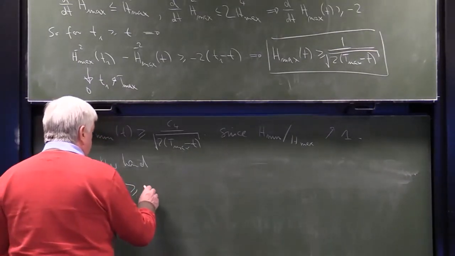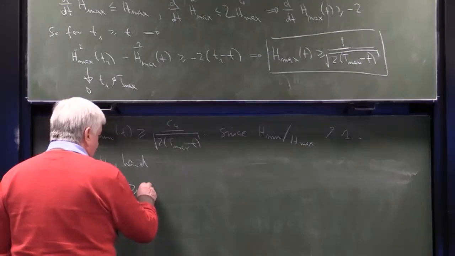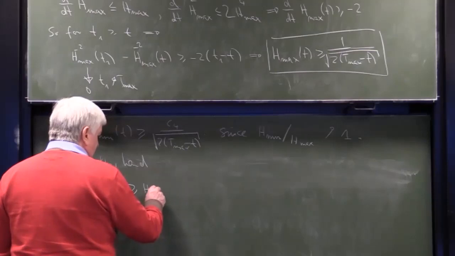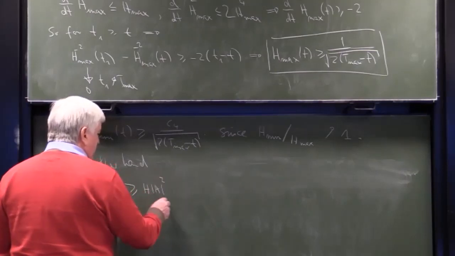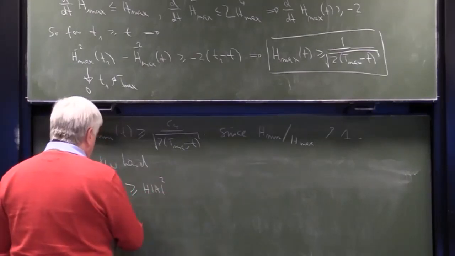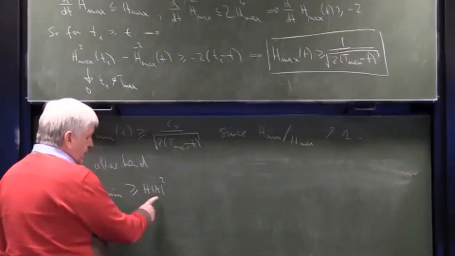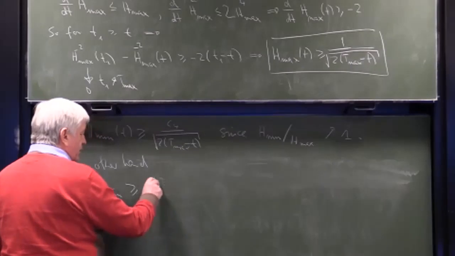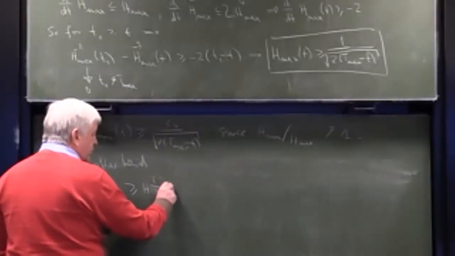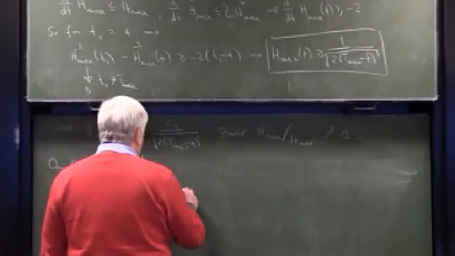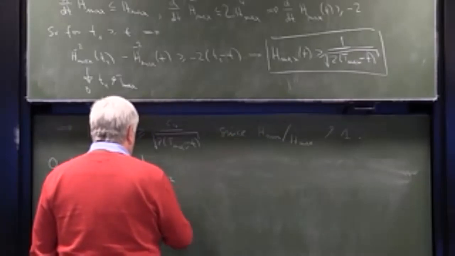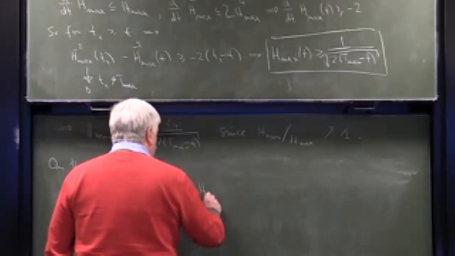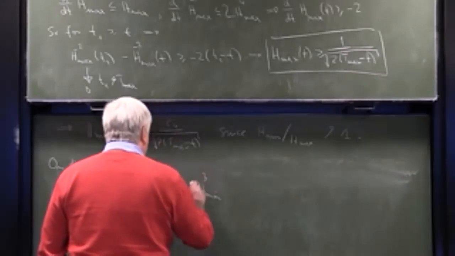So I have here now H times A squared at the point where the minimum is attained, but A squared is bigger than 1 on n H squared. It's always the case. I used this already a lot. This is 1 on n H min cubed.